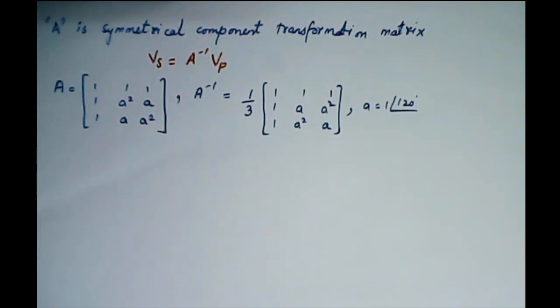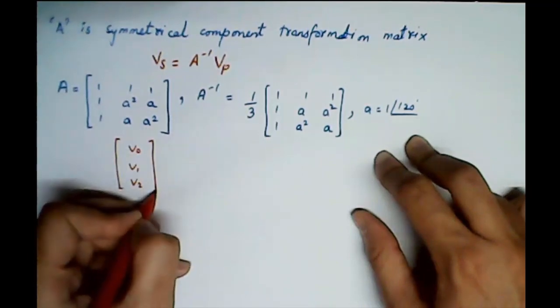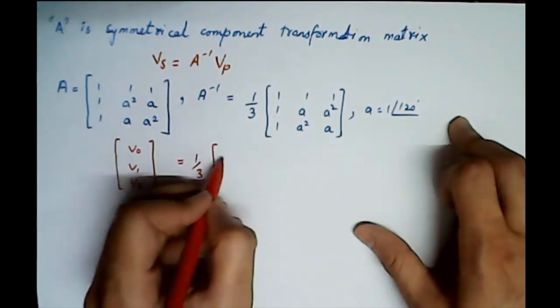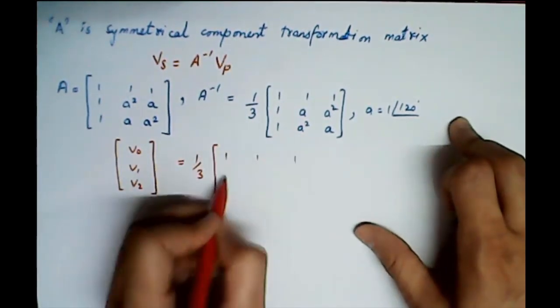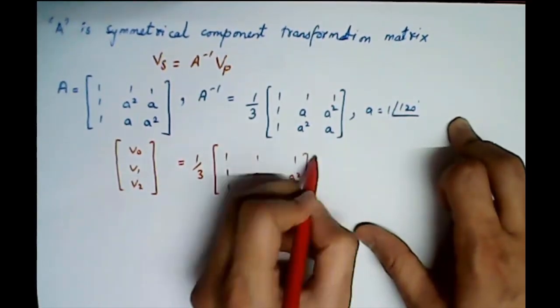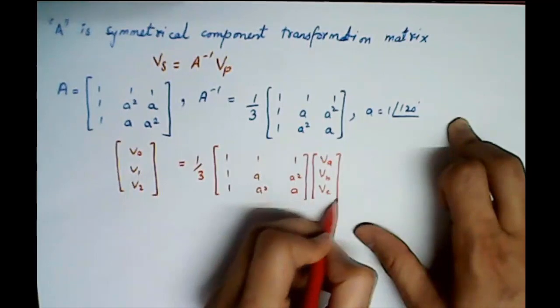So now if we want to find the symmetrical components from the phases, what we need to find is V0, V1 and V2. This would be equal to 1 over 3 times A inverse, which is 1 1 1; 1 a a square; 1 a square a, times VA, VB and VC.